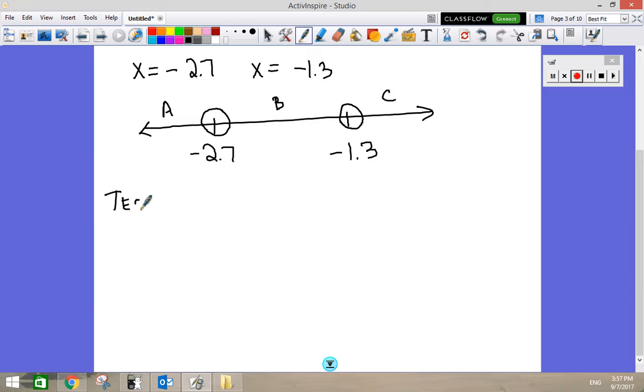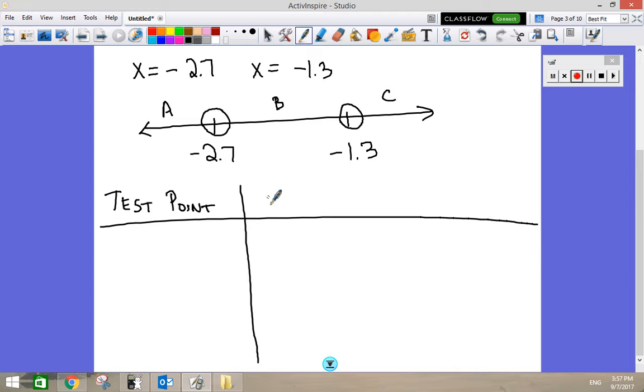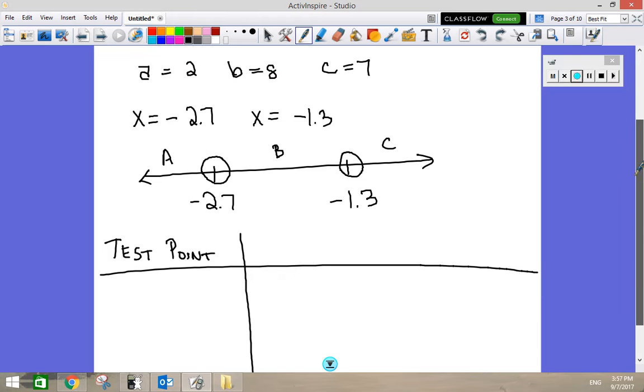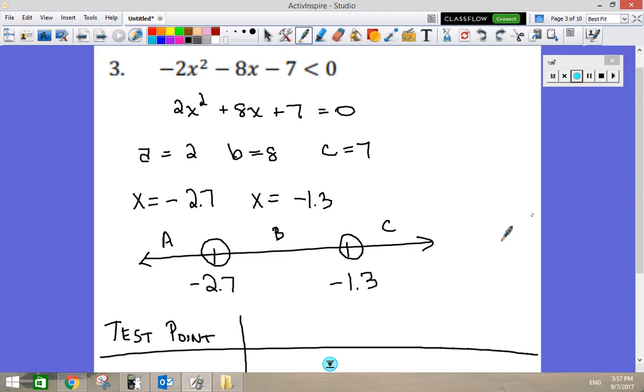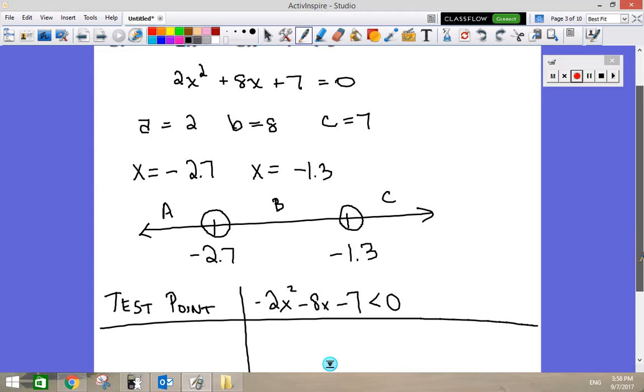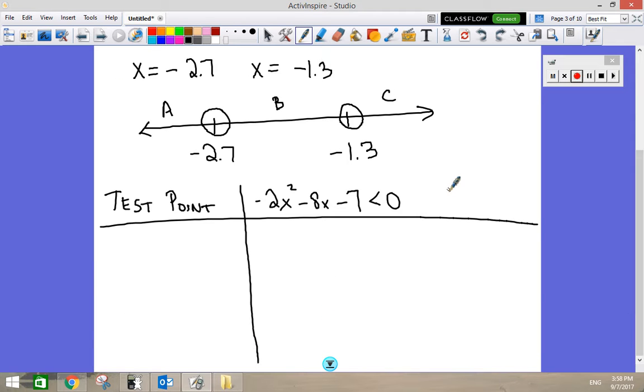A table is just an organized way for me to keep going. In this column, I'm going to show you my test point. In the middle column, I'm going to write the original inequality, which was -2x squared minus 8x minus 7, strictly less than 0. And the last column I'm going to call the truth.